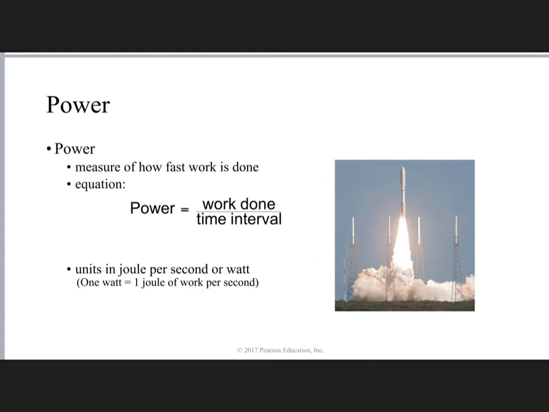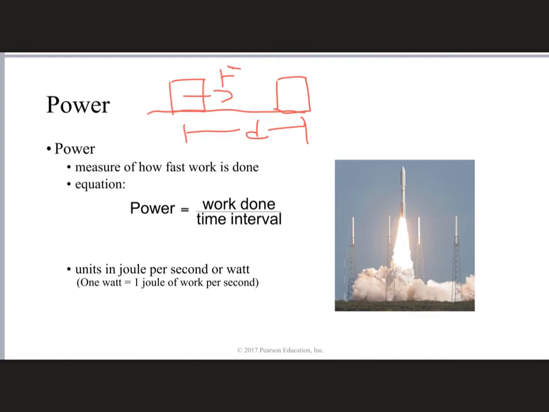Now, if I move a block from one position to another position, I can apply some force to it, and I can have that force be applied over the distance.